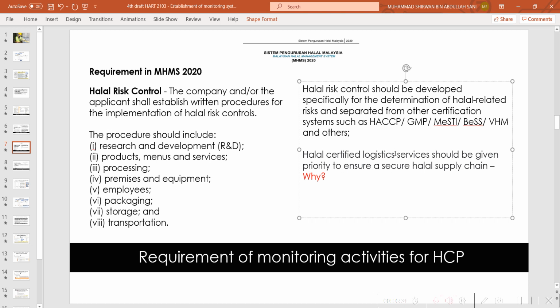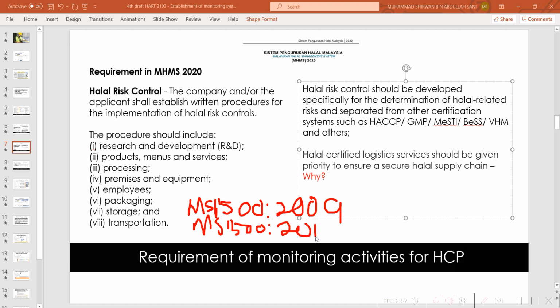Okay, previously in the MS, Malaysian Standard 1500, this one version 2009. This is the first MS 1500. It's on food, halal food. And then we have MS 1500 version 2019, right? In the 2009 version, they don't focus on the whole supply chain of halal.